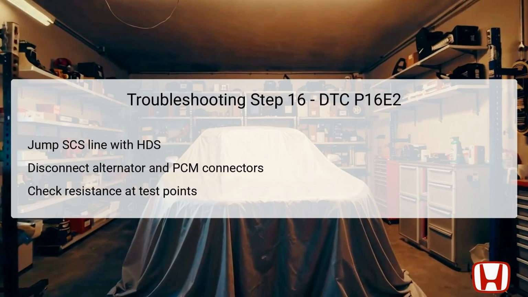With all previous connections clarified, jump the SCS line with the HDS again and wait for additional functionality to reset through the system. Disconnect both the alternator 1P connector and the PCM connector A for another significant round of resistance checks.